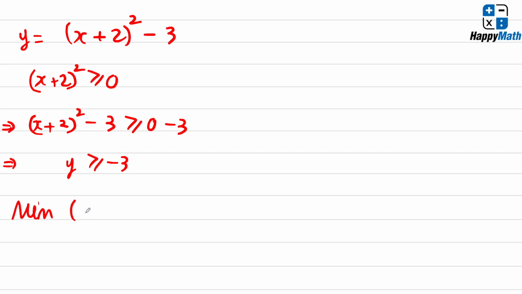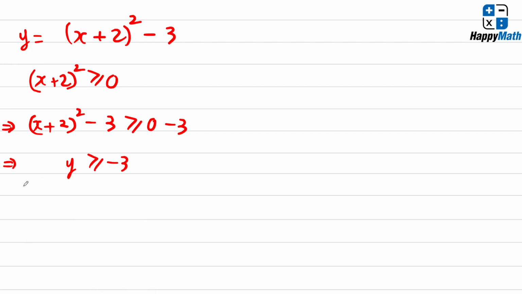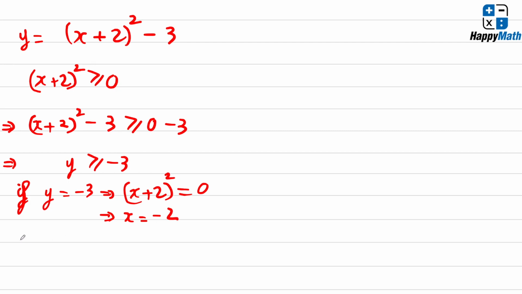Okay, the minimum point here is, no, not yet. You will have, if y equal to negative 3, then (x plus 2) squared also equals 0, so x equal to negative 2. Now I have the point.